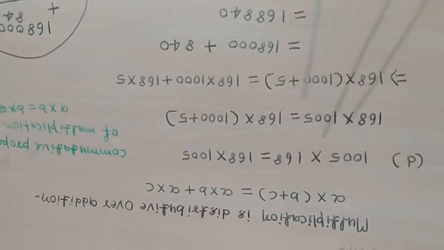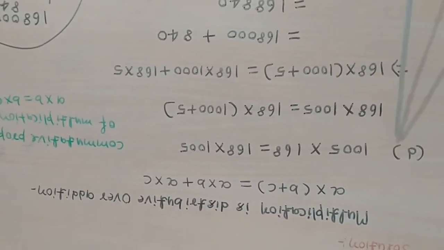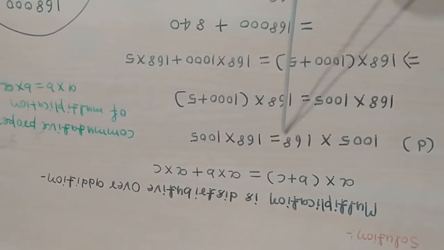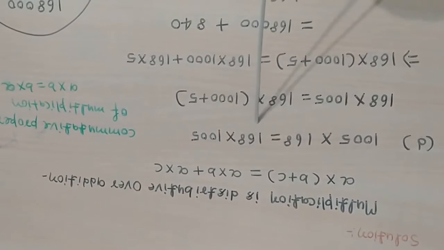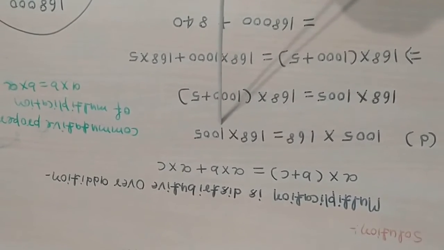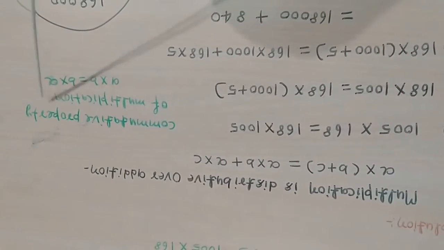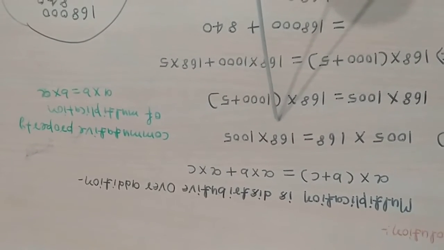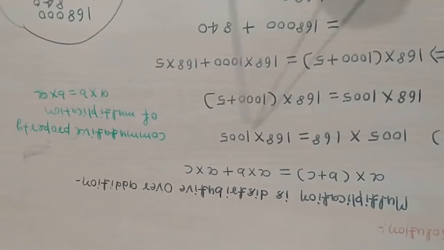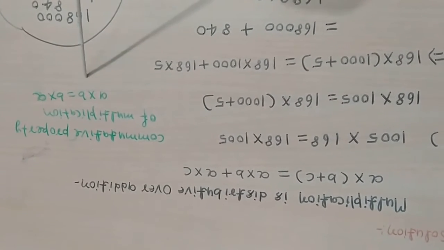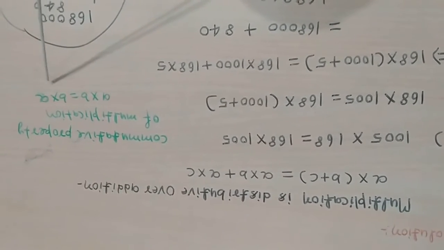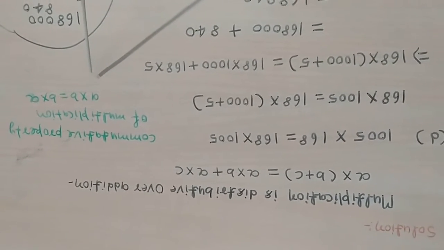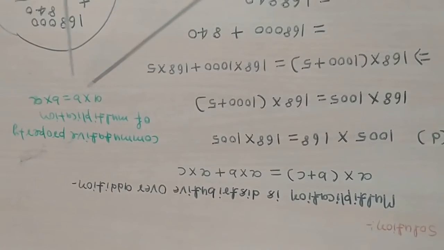So this is D part. 1005 into 168 is equal to 168 into 1005, by the commutative property of multiplication. A into B is equal to B into A, or you can write B into A is equal to A into B. Clear?